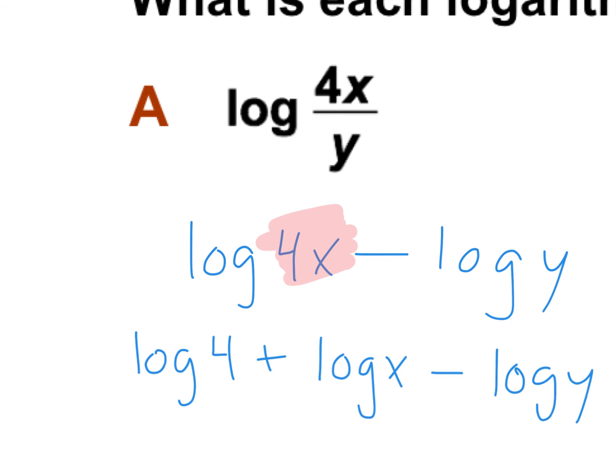Every time you break it up and expand, you need to repeat that log each time. So it's not just log 4 plus x plus y. Every single time you break it up, it needs its own log. This is our answer.